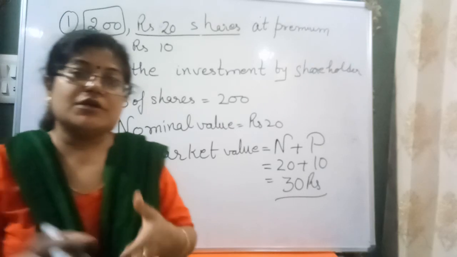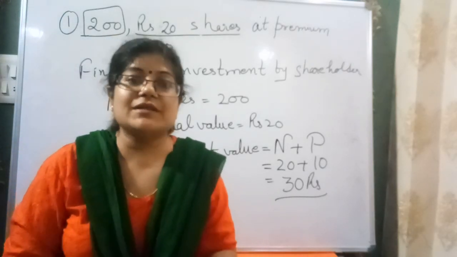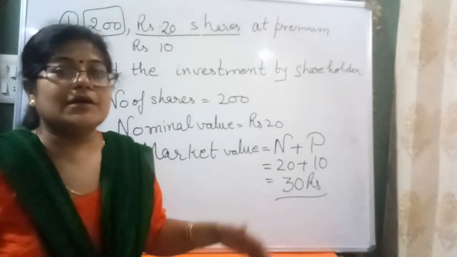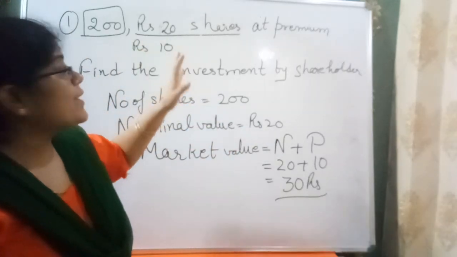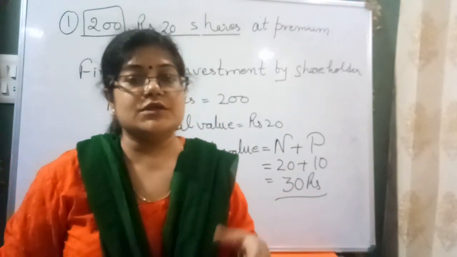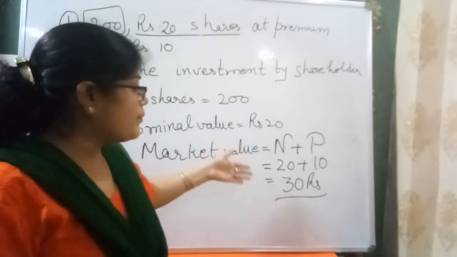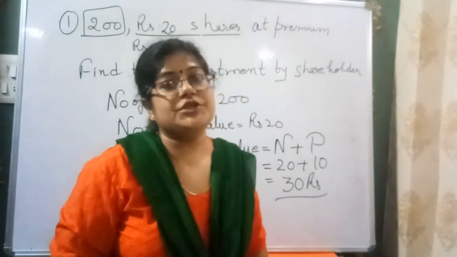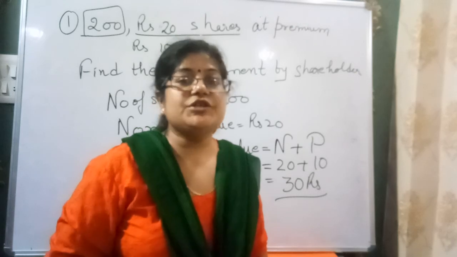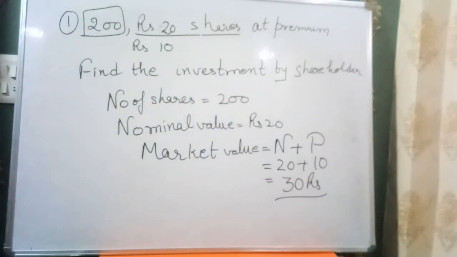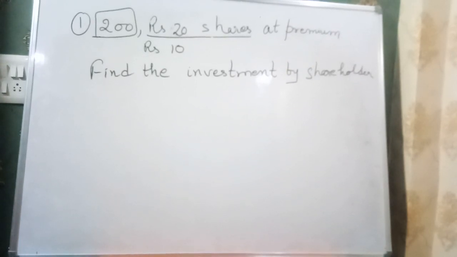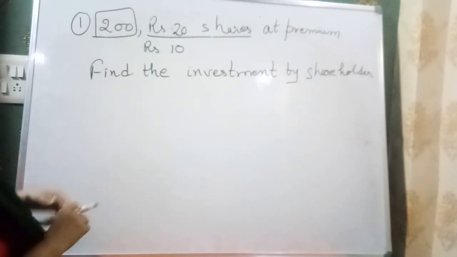That means the shareholder can buy or sell the share at rupees 30 in the market. Rupees 20 is not available to the shareholder to buy. He has to pay rupees 30 for one share.